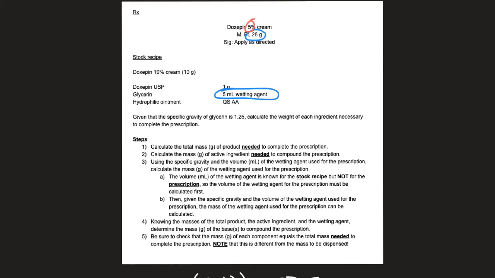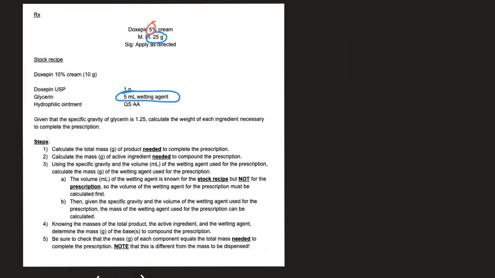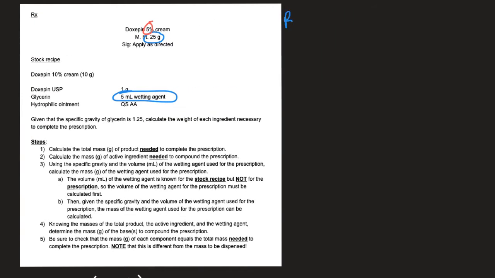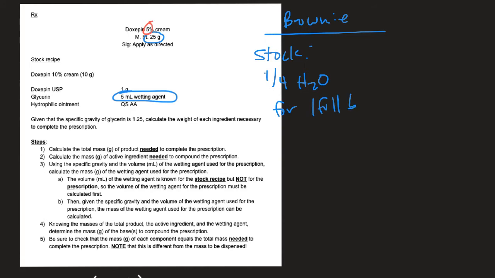Going back to the brownie recipe analogy, if we know that the stock, the one in the box, calls for a quarter cup of water for 1 full box.